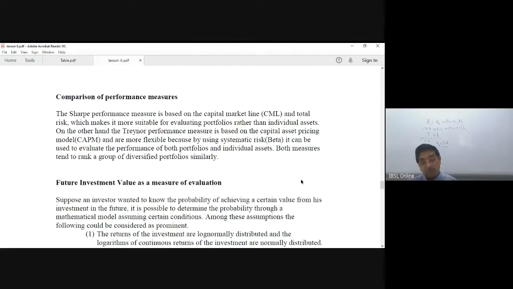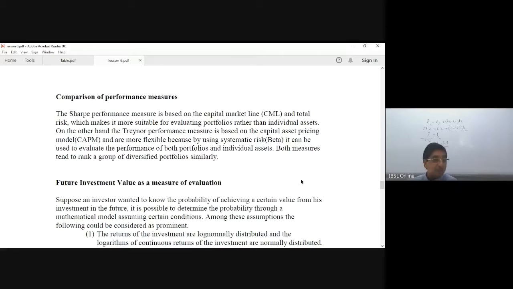If you take any point on the capital market line, the difference between the capital market line value and the risk-free rate is the risk premium. So the risk premium divided by the total risk will give you the Sharpe measure. Now you see the point there. The capital market line has a real connection with the Sharpe measure.